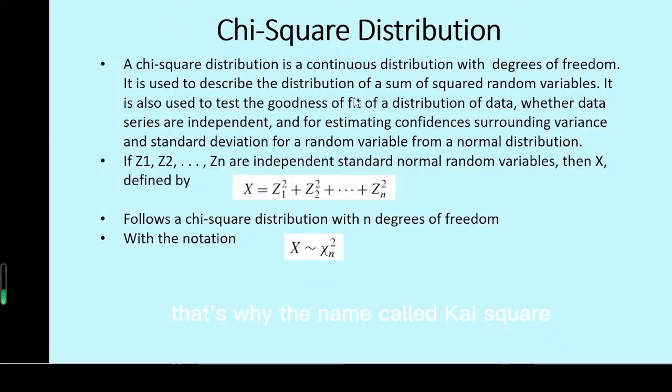That's why it's called chi-square. It is also used to test the goodness of fit of a distribution of data, and whether data series are independent. Chi-square distribution is also used for estimating the confidence interval surrounding the variance.